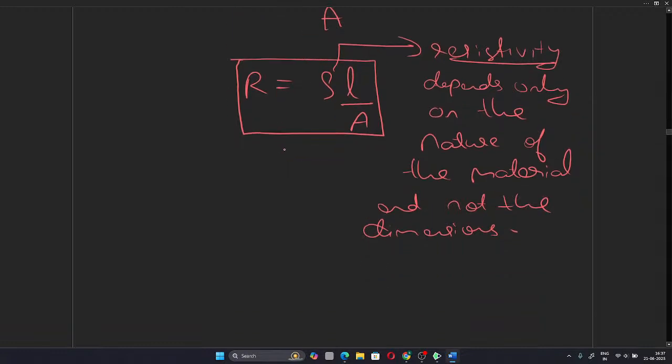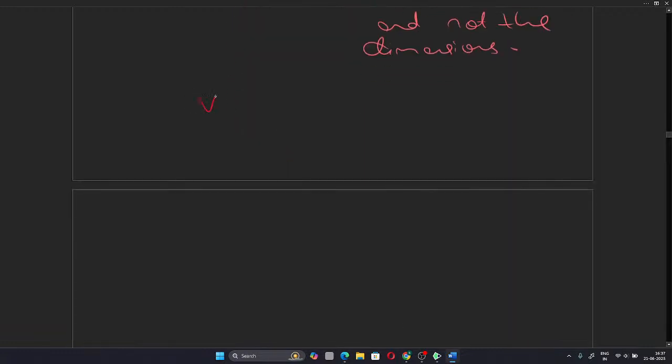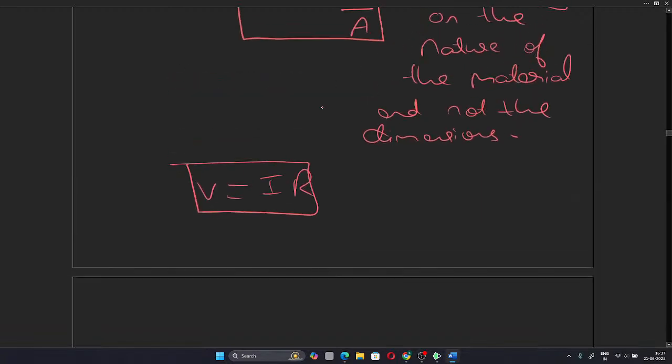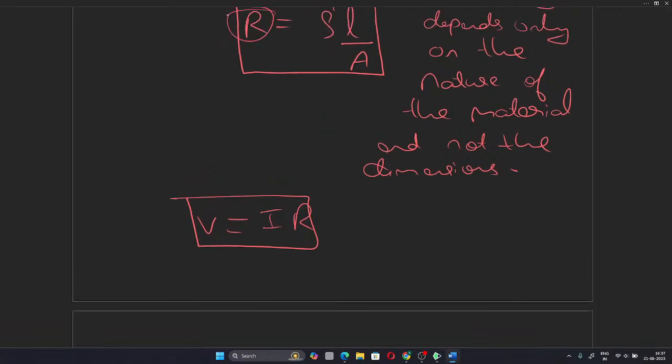So in this equation, we know the Ohm's law statement V equals IR. We substitute the new R value we got from here in this equation.